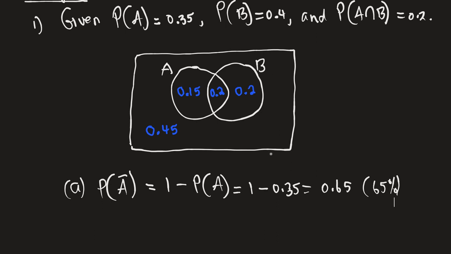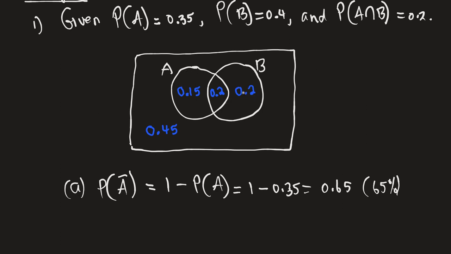Now, here's a way you can check your work. Let's add up all the blue numbers that are outside the circle A, because that's what this is, right? Not A means that you have to be outside of set A. You're not in A. So the values that are outside of the A circle, right?